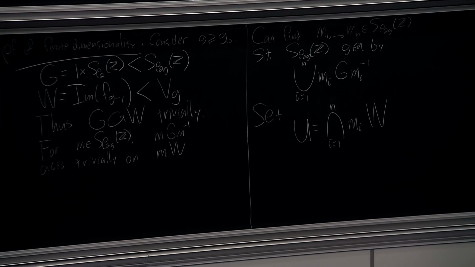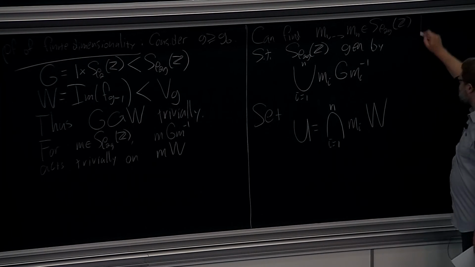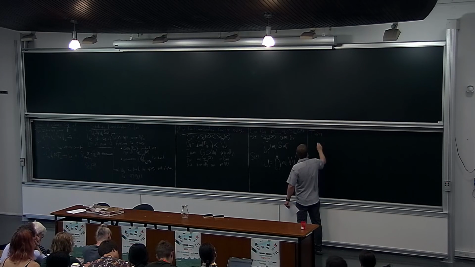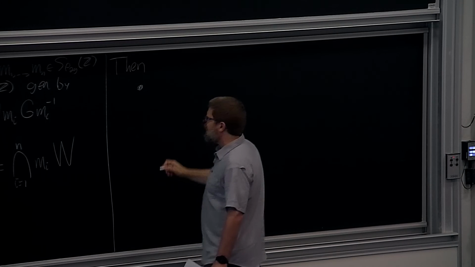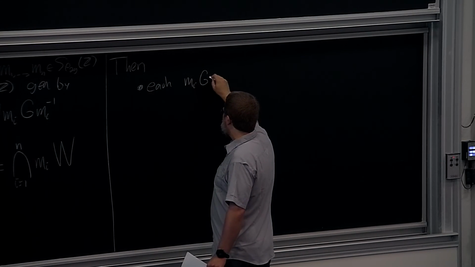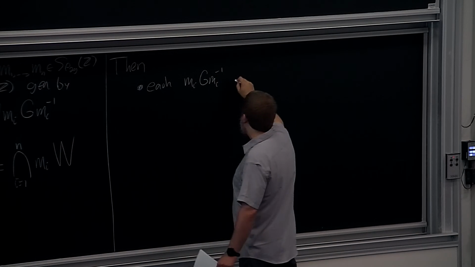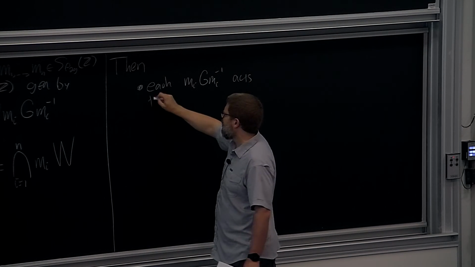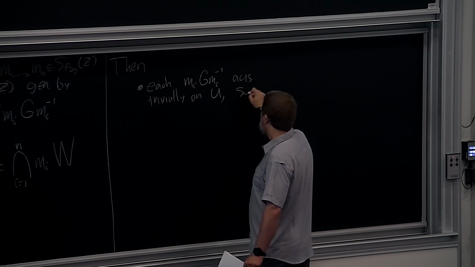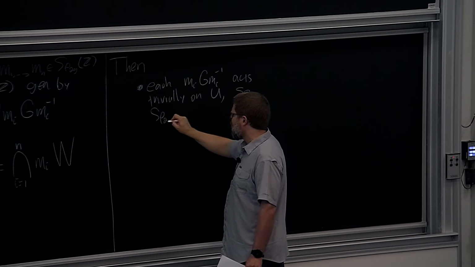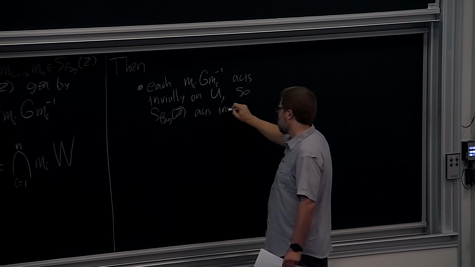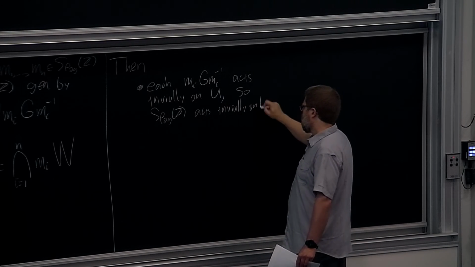What do I know about U? I know two things. First, each M_i G M_i inverse acts trivially on U. So in fact the whole group Sp_2g(Z) acts trivially on U, right?